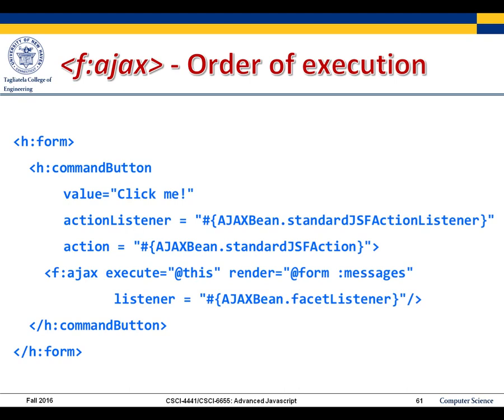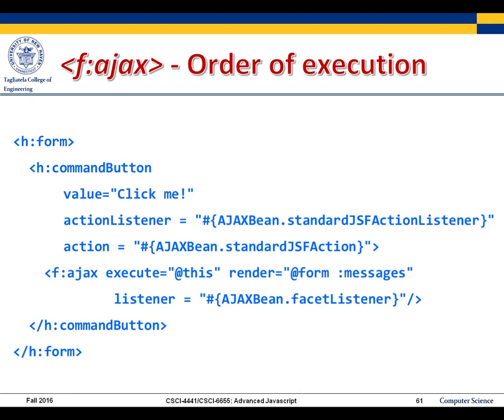One of the other things is this is a more fleshed out version of a lot of the things you've seen before. The action part of the command, the action listener part of the command, which are part of the normal command button, has those things. You've got the Ajax here, which also has a listener. So you might ask yourself, which order do these things happen in?